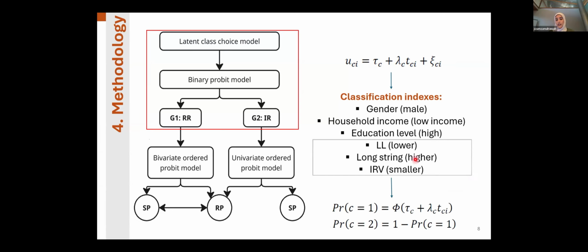And the three indexes we have used are likelihood, which was dummied for lower values; the long string index, which was dummied for higher values; and the intra-individual response variability, which was dummied for smaller numbers. And then the respondents will probabilistically be assigned either to the responsible group or not assigned to the responsible group.